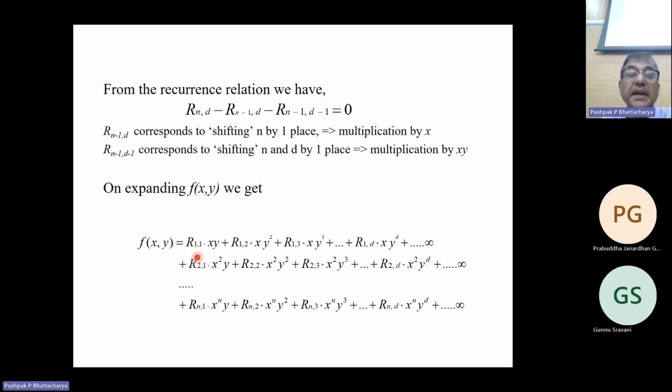Then change n equal to 2 now: R21 x squared y, R22 x squared y squared, R23 x squared y cubed, R2d x squared y to the d, up to infinity. And then finally Rn1 x to the n y, Rn2 x to the n y squared, and so on up to infinity. Okay, this is the expanded form of f(x, y).